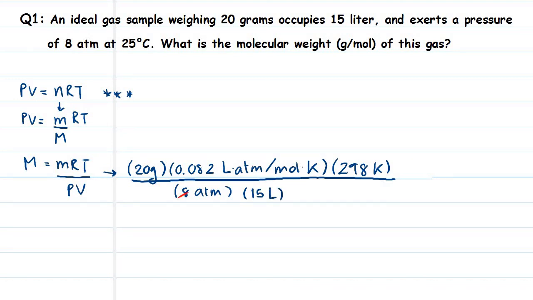Alright, so 8 here should be approximately 0.01 there, and then 15, that should be 3, that should be 4, and 298 here I would approximate to be 300, and now we can get 100 there. That simplified the calculation quite a bit if you can approximate it, and that should be about 4 gram per mole, and that's the answer.